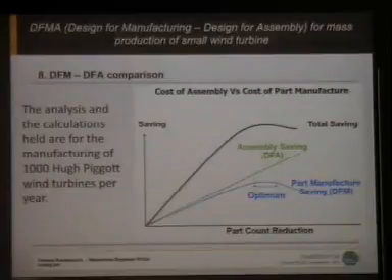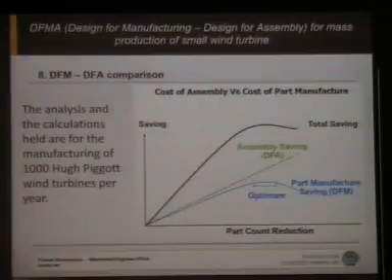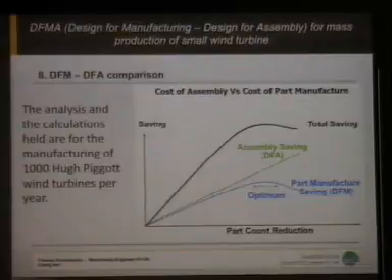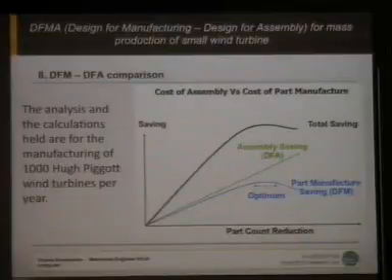You have to find an optimum according to the standards I explained before. My essay was an analysis for 1,000 Pigot wind turbines per year, and I got index rates for this. I could choose 500 or 100, but after discussing with my professor I chose 1,000.